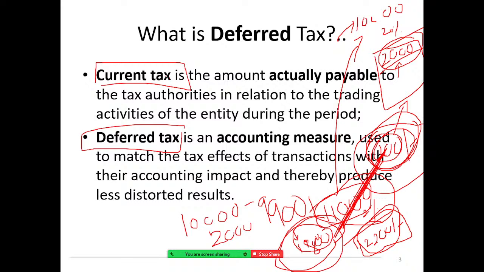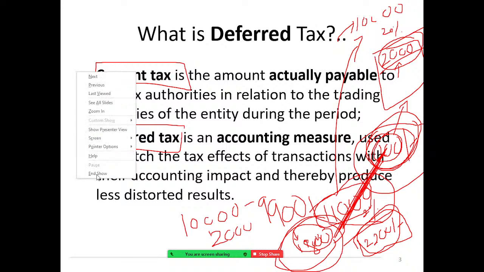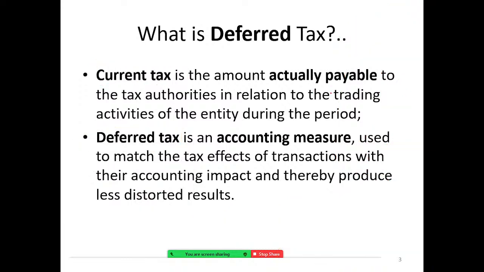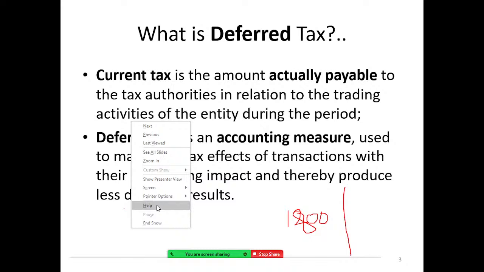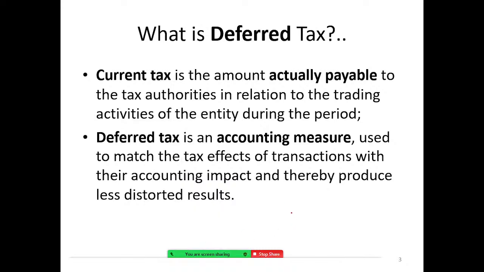Current tax, based on this example, based on the accounting profit, we have to pay tax of 2,000. For a 10,000 profit, we have to pay 2,000, and based on the tax authorities' provisions, we have to pay tax of 2,200 in our example.